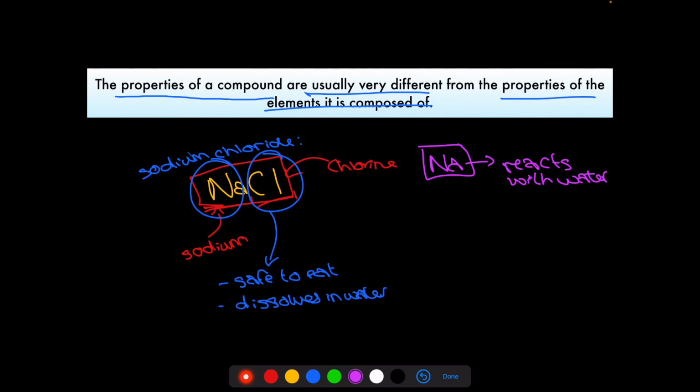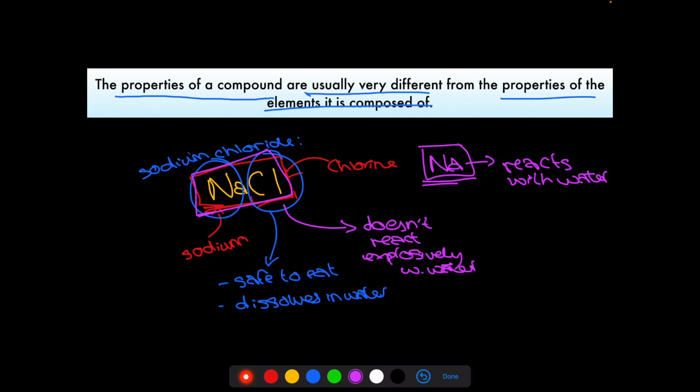But when we have salt in our mouth, which has water, it doesn't explode, doesn't react explosively with water. So as you can see already, the properties of sodium are different from the properties of sodium chloride, because it's a completely different compound.